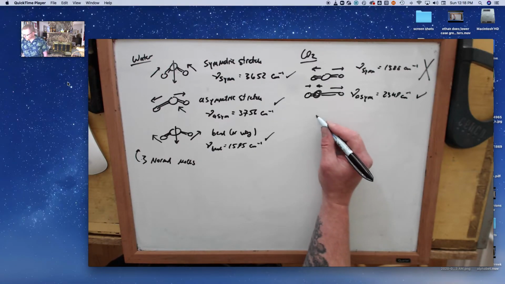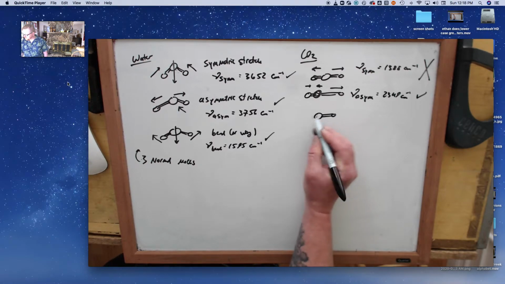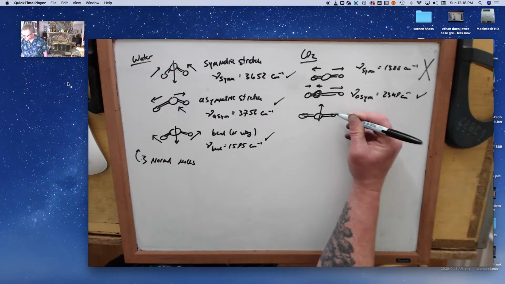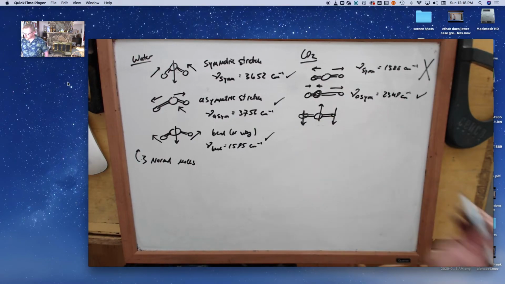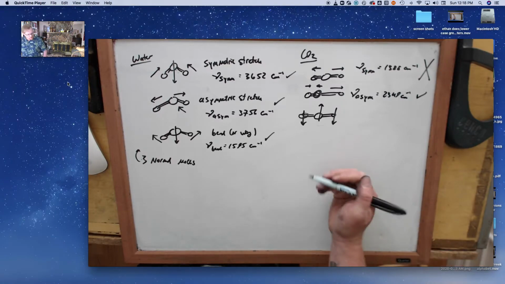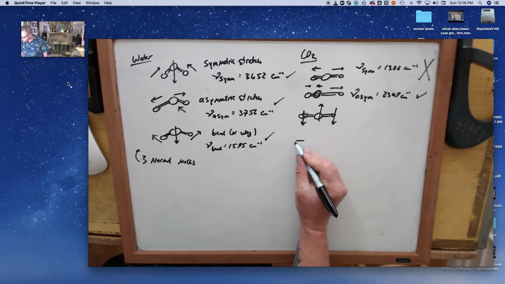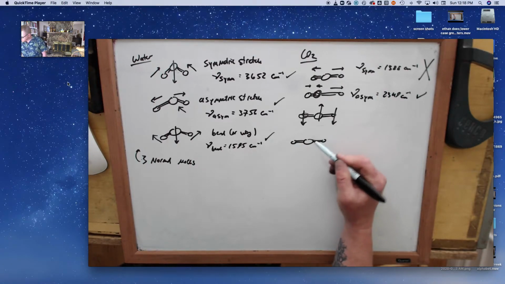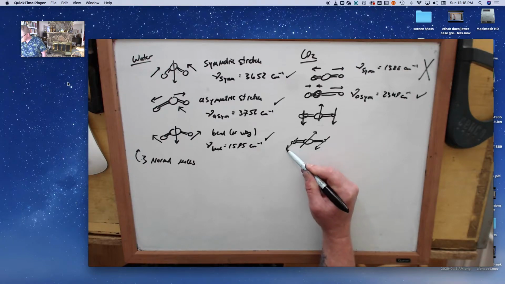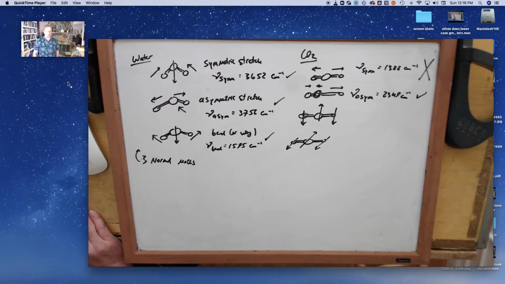And so there's two different ways you could do the bend or the wag with CO2. One is if we move them in this orientation, right? Again, kind of like you're flapping your wings right here. But there's actually a degenerate mode. If I look at it at this angle, suppose that the nuclei moves this way, then these nuclei will move that way, okay?